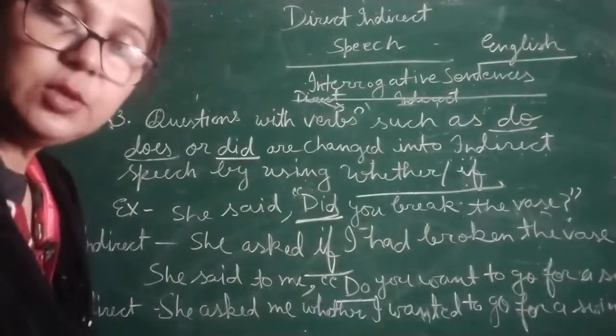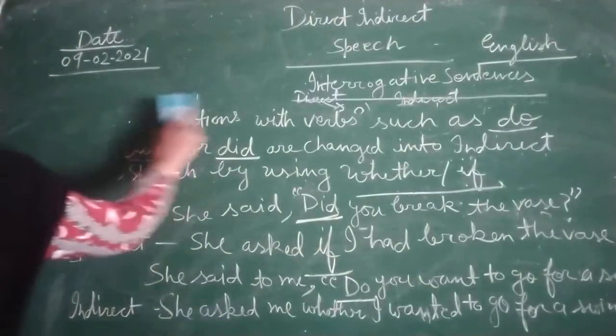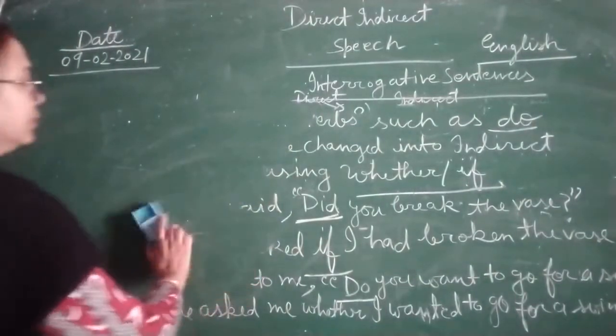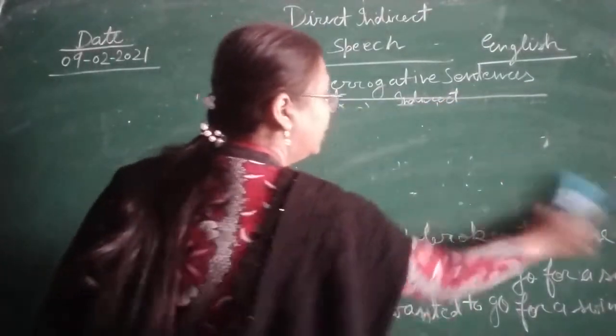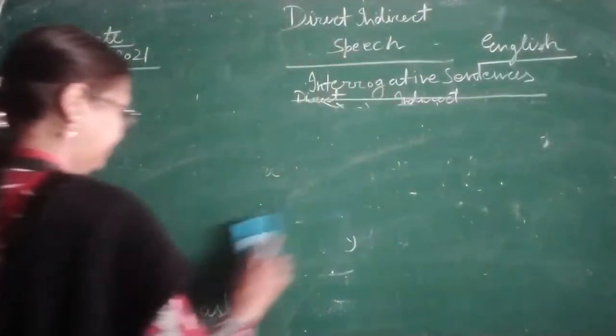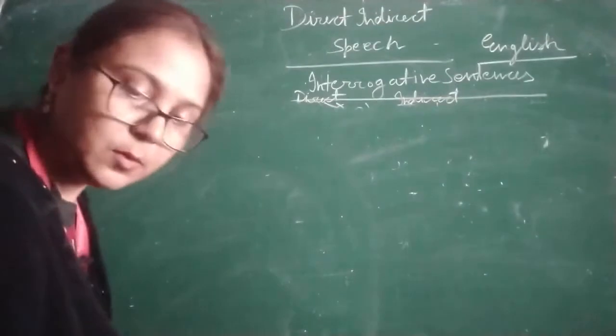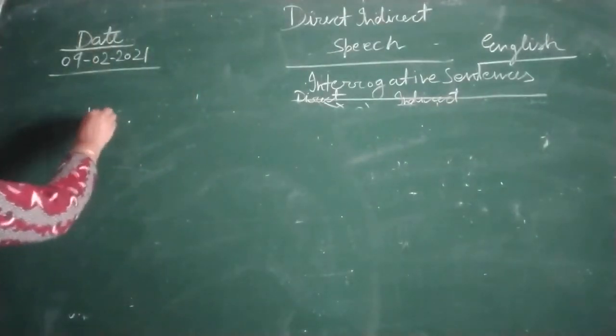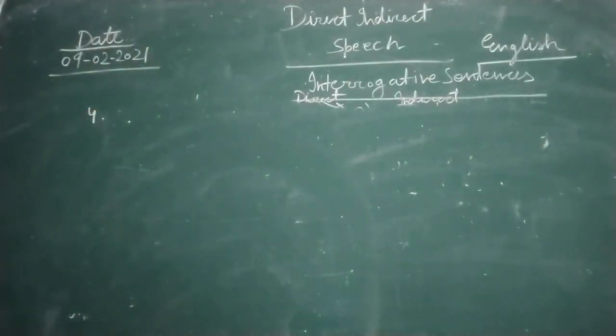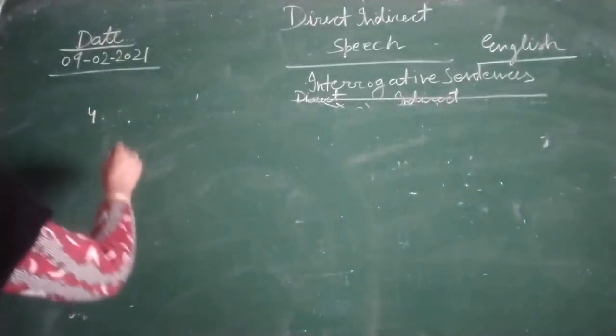Now we are moving to the fourth rule. Write it down children. The fourth rule is yes or no questions.